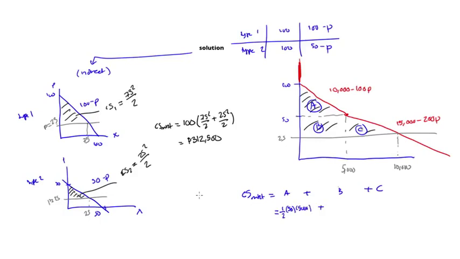Area B is 25 times 5,000. And C is equal to 1/2 times 25 times 5,000. If you compute that number with your calculator, you get $312,500, which is exactly the same.